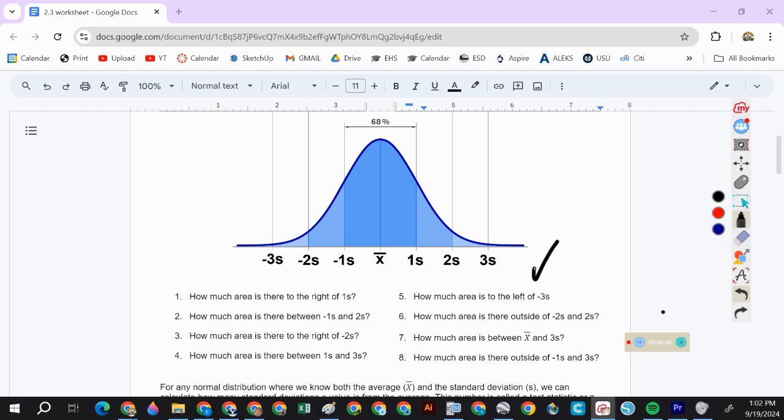All right, how much is to the left of negative 3 standard deviations? 0.15. And notice we are using the symbol S for standard deviations. S is the symbol for the sample standard deviation. The parameter standard deviation is lowercase sigma, looks like that.